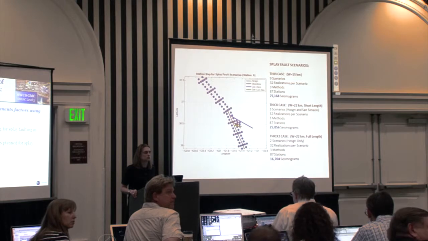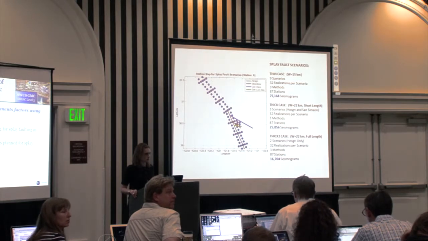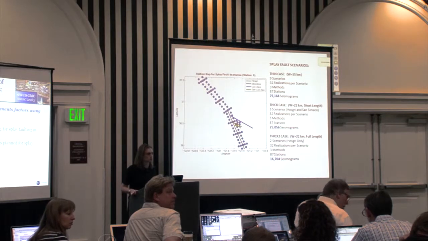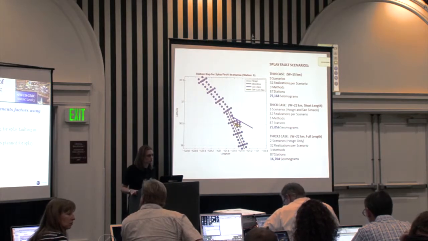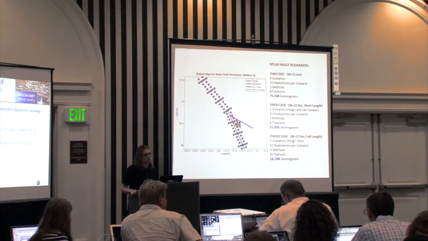Okay. Chris Wills. Tom, I can't remember the reference, but I believe there are empirical studies where they show this. When you have rupture on a splay fault or on a branch fault, it tends to have more displacement than if that fault had ruptured by itself.